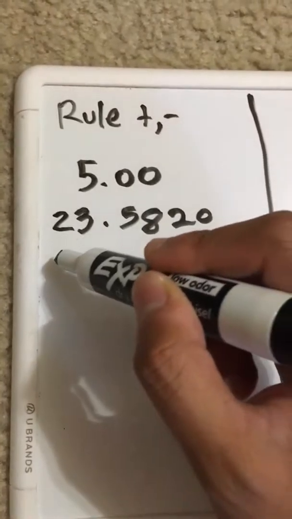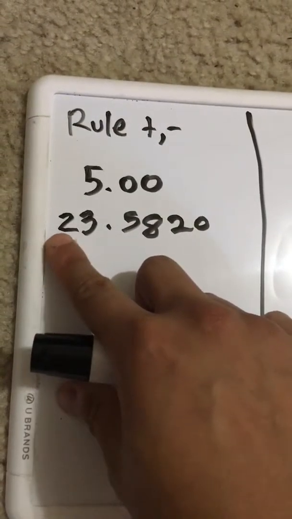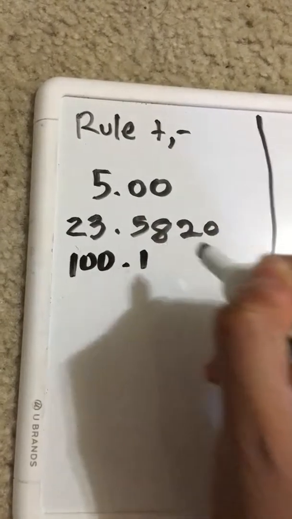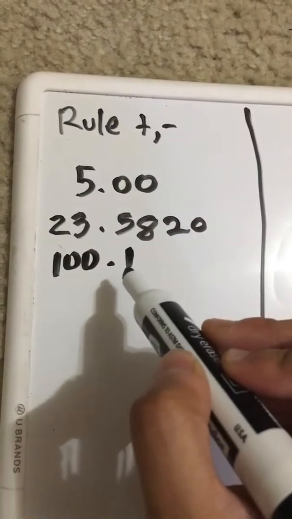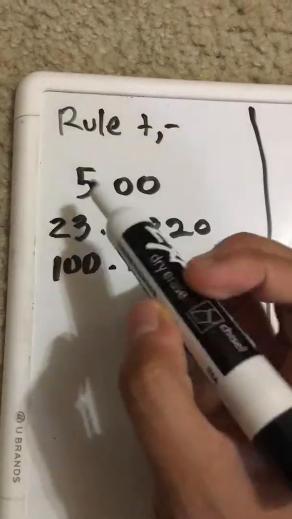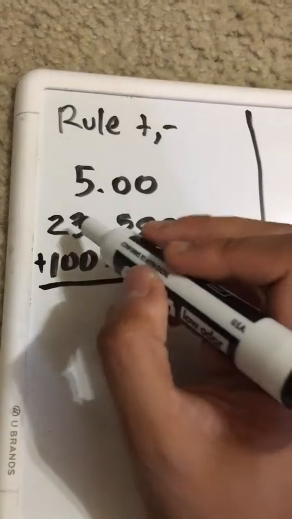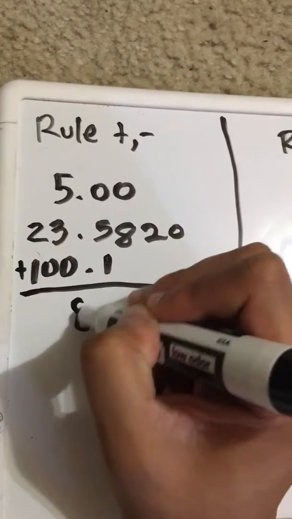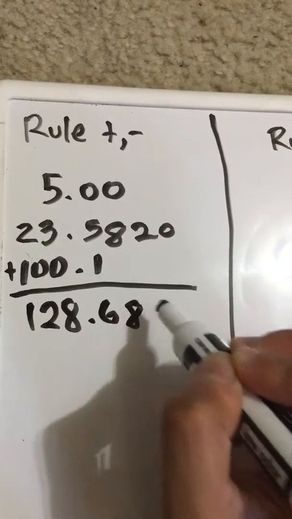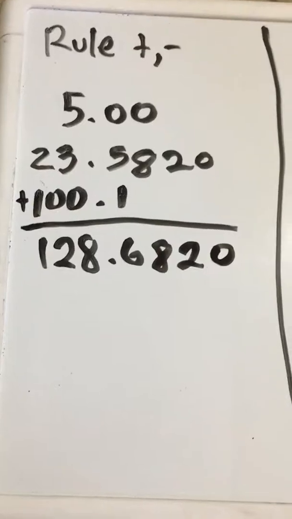Okay, how about this one? And we add 1,100.1. How many significant figures is that? That is 1, 2, 3, 4 significant figures. And let's say we want to add them together. Okay, 5 plus 3, 8.